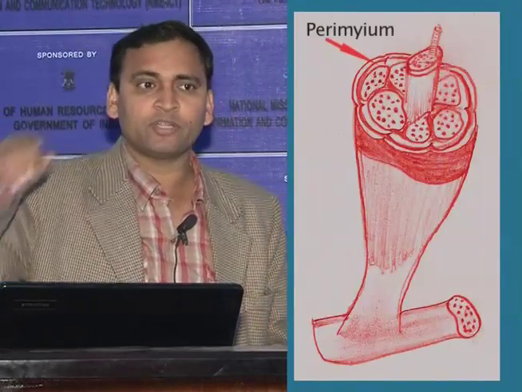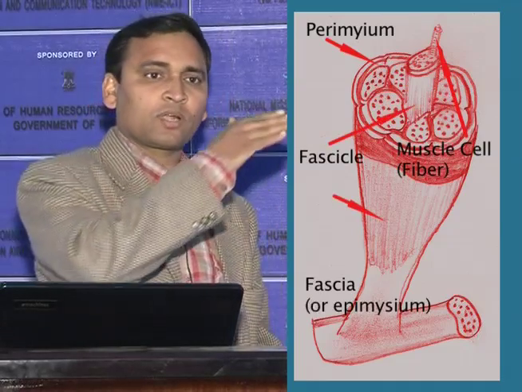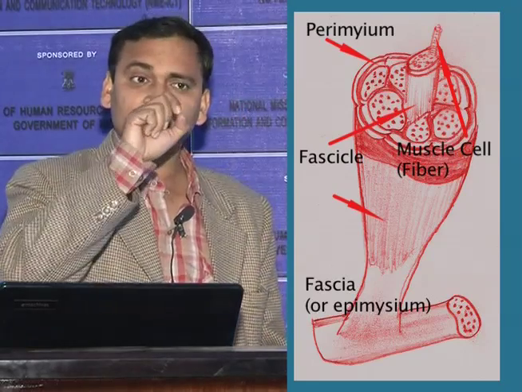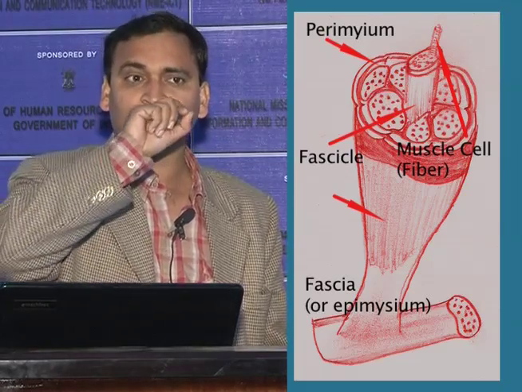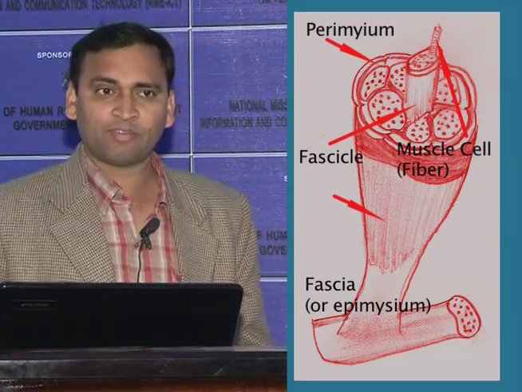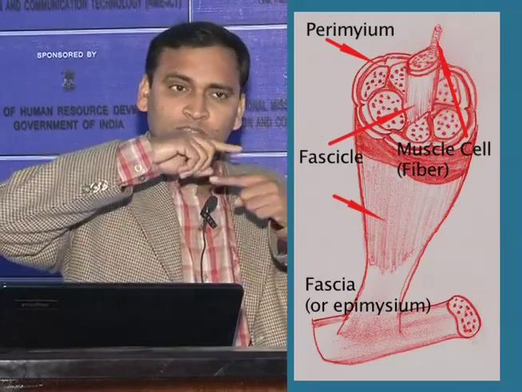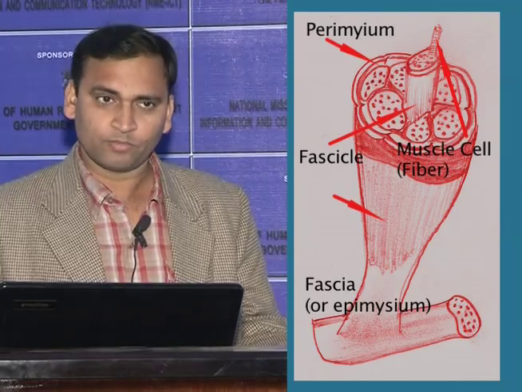So the many thin muscle fibers are covered by a thick insulation known as endomysium. I will show you in a diagram. Endomysium is the innermost connective tissue sheath which covers the muscle fiber, the thinnest portion of muscle. Each muscle fiber is wrapped by a connective sheath known as endomysium. Clear?